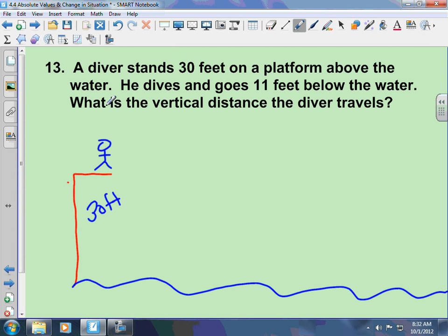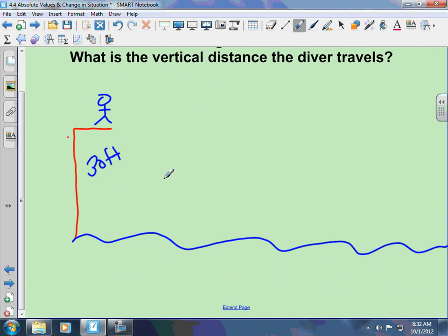He dives and goes 11 feet below the water. What is the vertical distance he travels? So he jumps off, and how far under the water does he go?